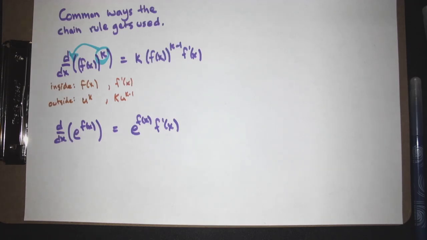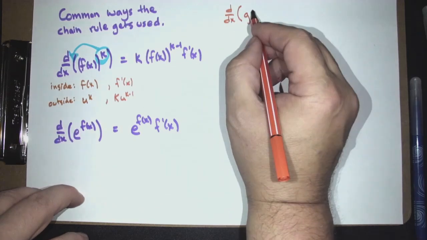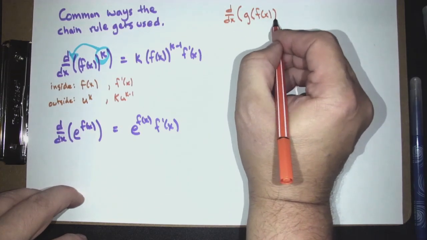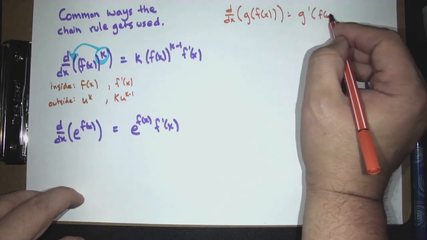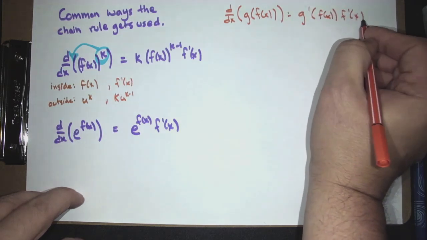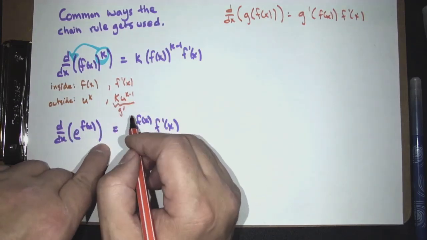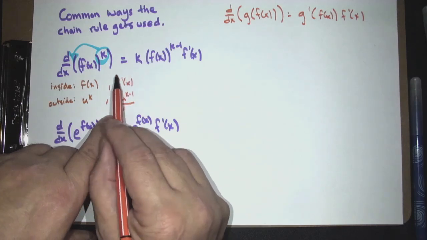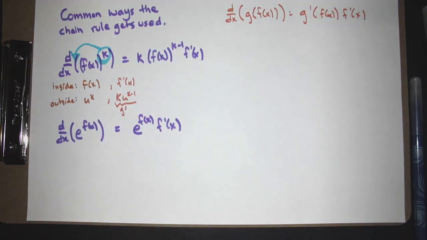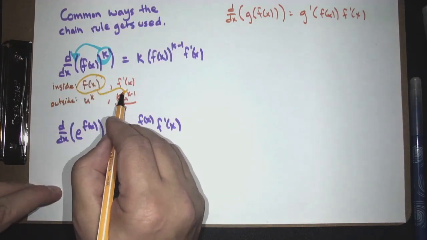Now we remember that if we have g of f of x, the derivative of this is the derivative of the outside, leave the inside alone, times the derivative of the inside. So this is our g prime. We're going to plug in f prime. The inside is f of x, so that plugs into the u.